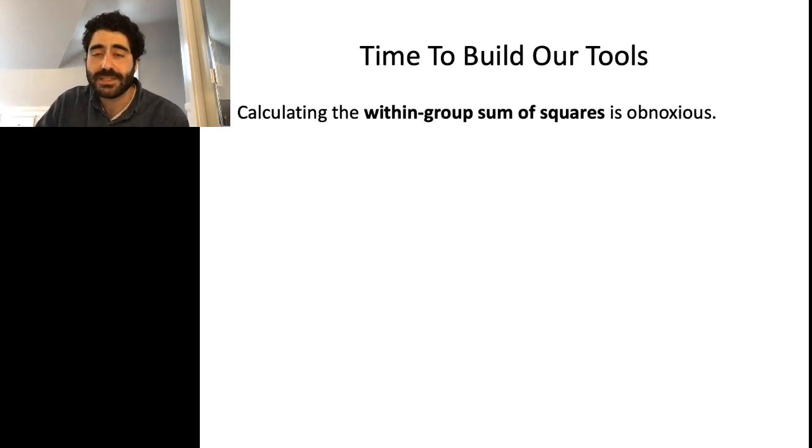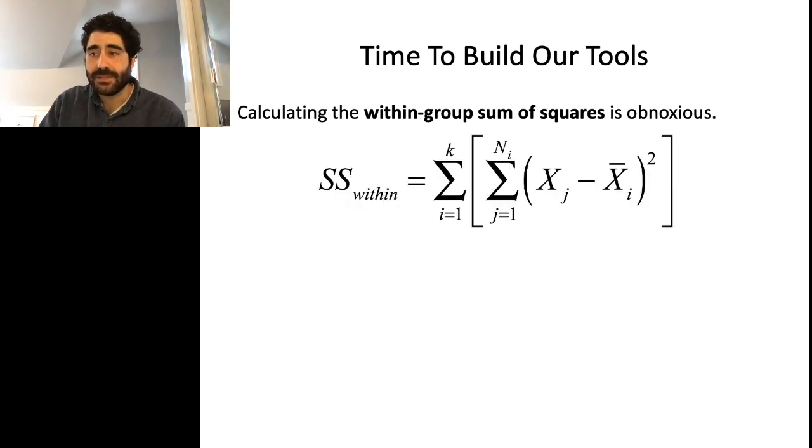Okay, so then the last thing we need to compute is this within group sum of squares. This is a little more complicated because inside every group, we're going to have to measure the squared deviations from the mean inside that group. So if we want to write this out, it'll look like this, right? There's an outer sum here. The first sum is across groups. So for every group, we are then going to look at every point inside that group.